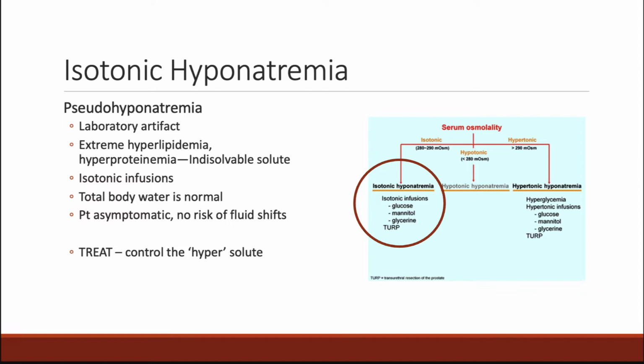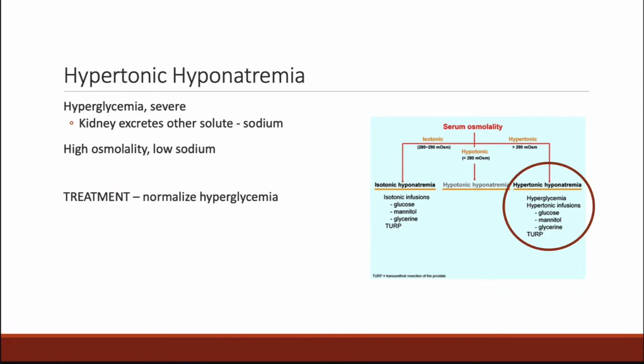And so we have to rule out all of those things. Laboratory artifact, real severe hyperlipidemia or hyperproteinemia, isotonic infusions running, all of those things. All right. So in most cases, these patients are asymptomatic. We have to then control the hypersolute to fix this.